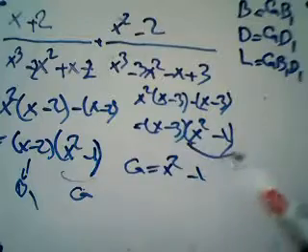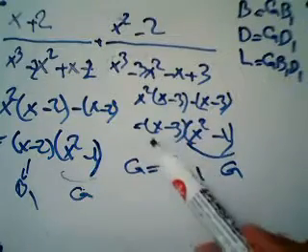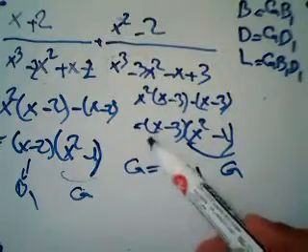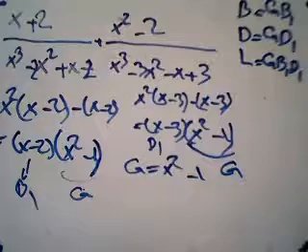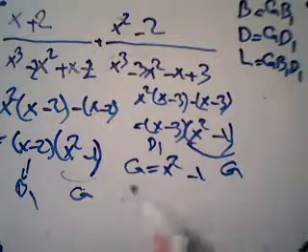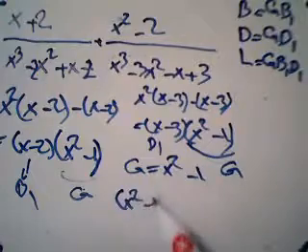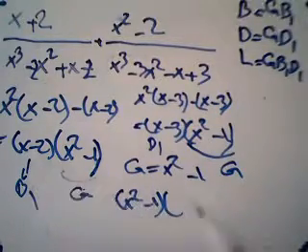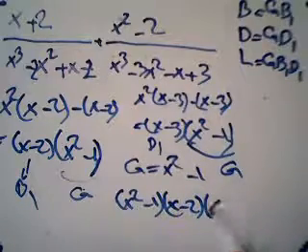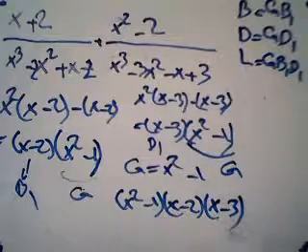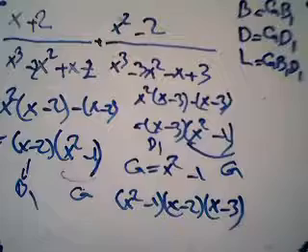Also this is g and this is d1, and the least common multiple is x squared minus 1 times x minus 2 times x minus 3. Easy peasy.